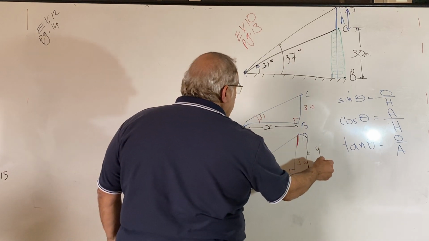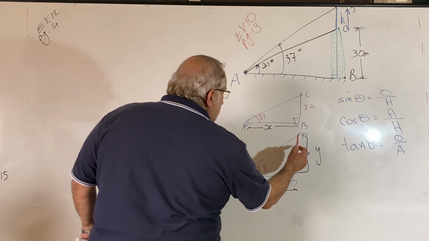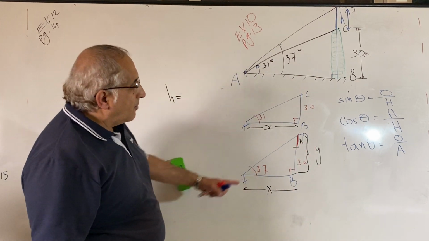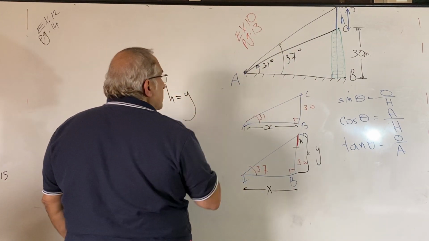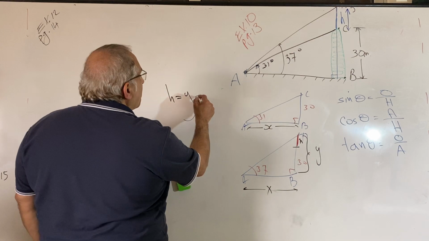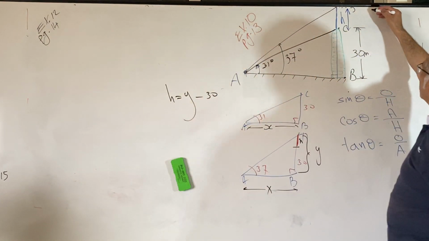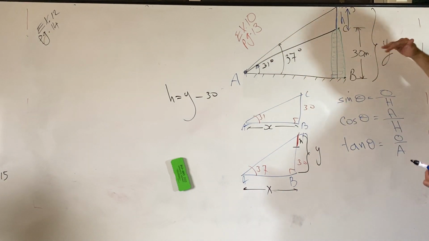You can give it a y. And guess why? If I'm looking for little h, which is from here to here, this h comes from where? From the whole height, 30 plus h, which is called y. Subtract from it what? The 30. So that's called y.